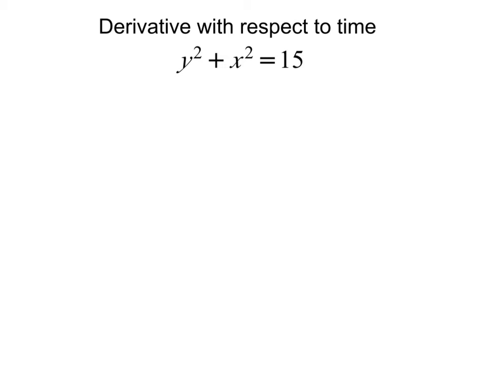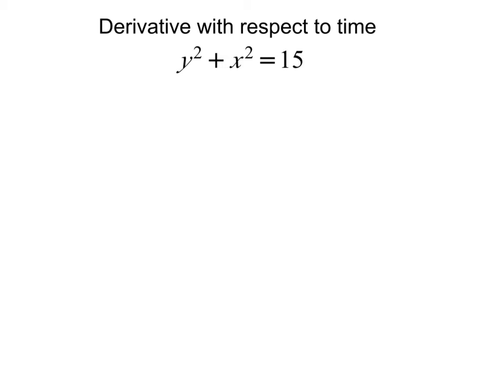Like that problem with the circle. How fast is it changing over time when I'm told part of the rate? You know, if the radius is increasing, how is the area increasing? That sort of thing. These types of problems are called related rates for that reason. If you know one rate of change, how can you figure out what the other rate of change is?